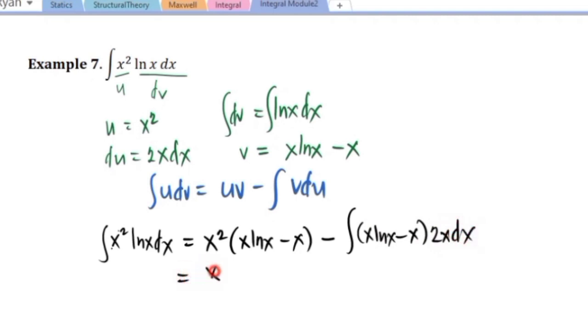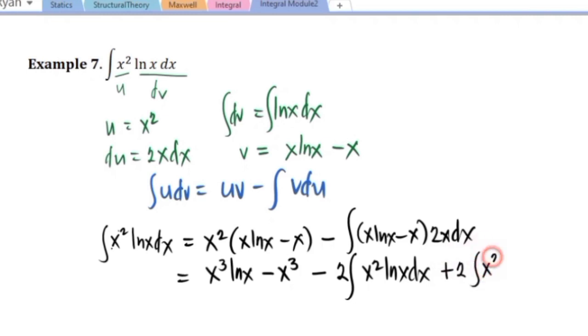So we have here x cubed ln x minus x cubed minus 2 integral of x squared ln x dx plus 2 integral of x squared dx.